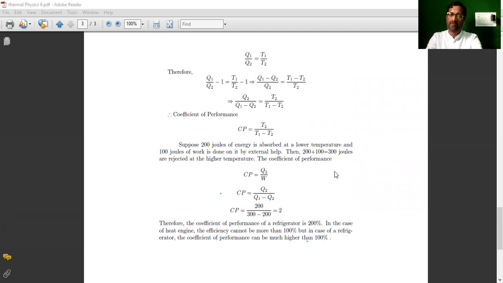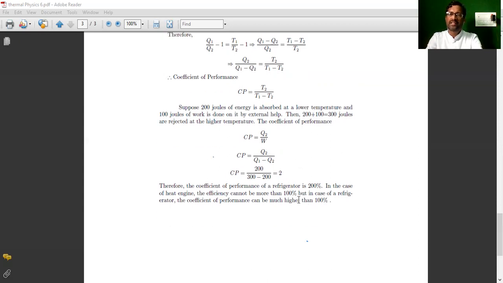The coefficient of performance Cp is equal to Q2 by W, and that is nothing but Q2 by Q1 minus Q2. Now this Q2 is 200 joules of energy that is absorbed, divided by 300 minus 200. 300 is the heat rejected at the higher temperature, and Q2 is the energy that is absorbed, 200, that comes out to be 2.